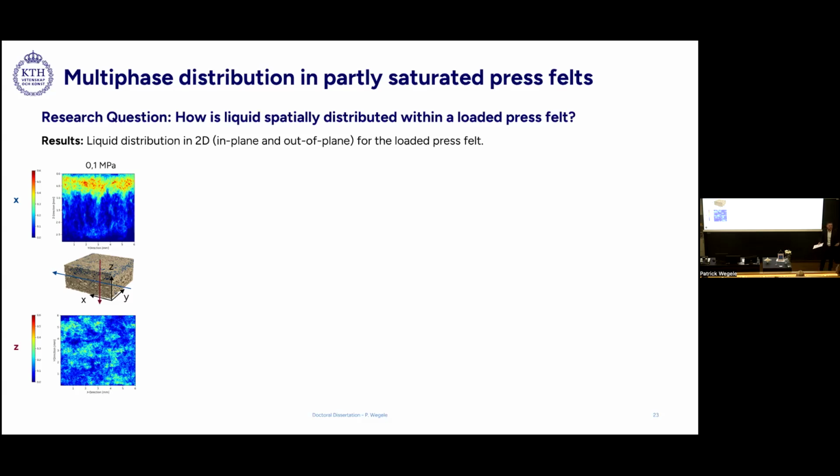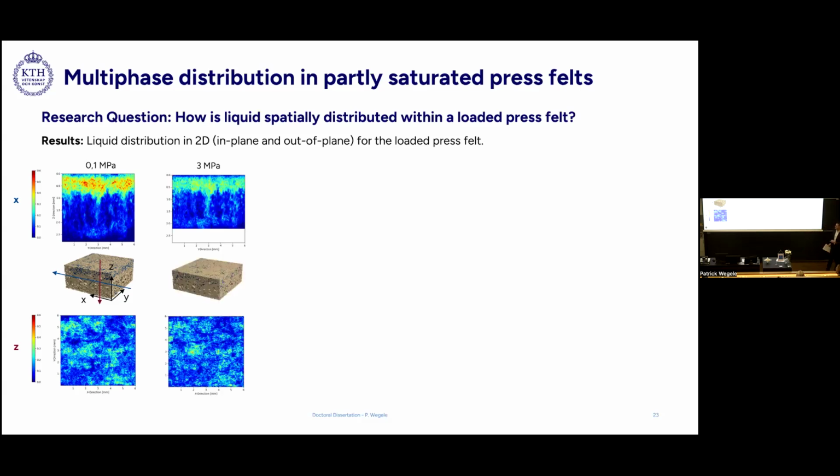And this is because you have fine pores in the top batt fiber layer, creating high capillary pressure, which keeps all the liquid there. On the other hand, if you look at the press felt in the in-plane direction, you see that the liquid is more or less randomly spread along the press felt.